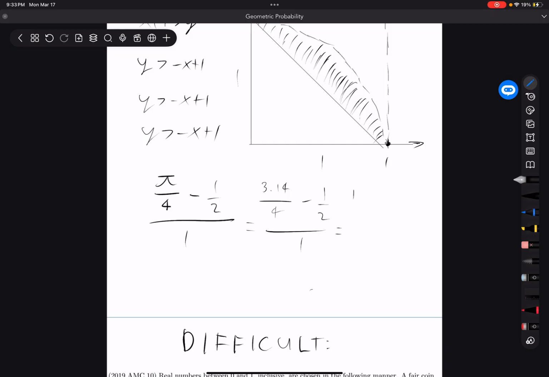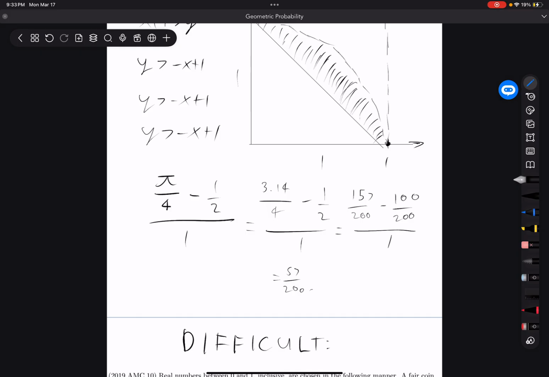You simplify that, get to 157 over 200. And then minus 1/2. Let's convert that into a denominator of 200, which is minus 100 over 200, over 1. And so when you simplify the numerator, you get 57 over 200 over 1. And over 1 does not matter. So you get 57 over 200.